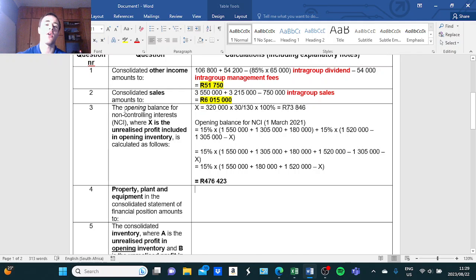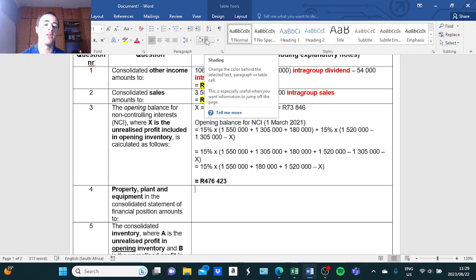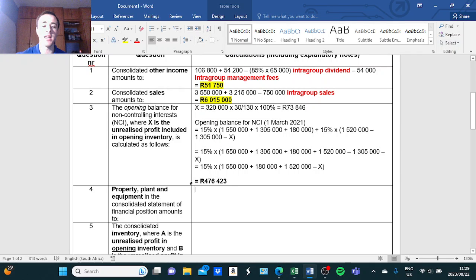Again, they have not asked you to calculate the actual balance. They rather asked you for a formula to calculate the opening balance for NCI where X is the unrealized profit in opening inventory. Then you will use this one to calculate that value, and this has been confirmed to be correct.